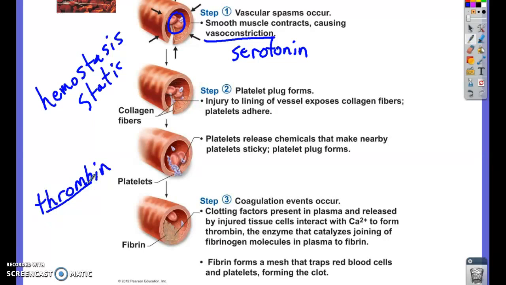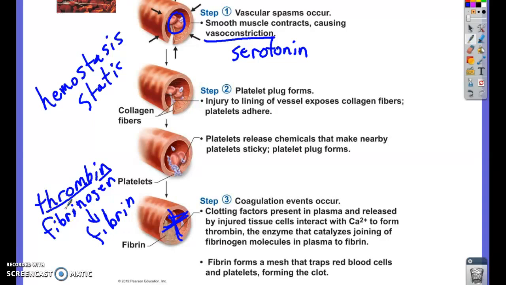Thrombin is a hormone that causes the fibrinogen that's dissolved in the blood to change into fibrin, or little tiny threads that all start making a network in here. That helps the platelets and red blood cells and other things stick to it, and that actually makes the scab or the clot. So thrombin causes the fibrinogen to form into actual threads.